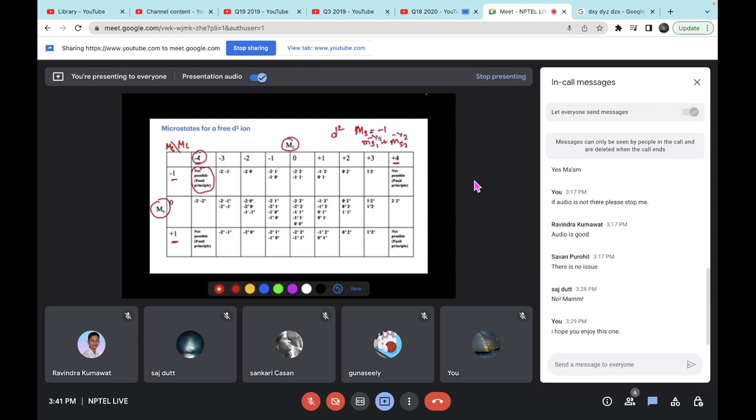Also, my minus 4 gives me the ml value minus 4 here. Two electrons cannot be in the same orbital with the same spin. It cannot disobey Pauli's principle.